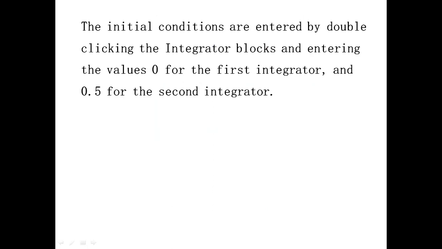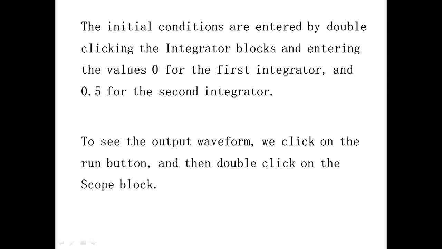The initial conditions are entered by double clicking the integrator blocks and entering the values 0 for the first integrator and 0.5 for the second integrator. To see the output waveform, we click on the Run button and then double click on the scope block.